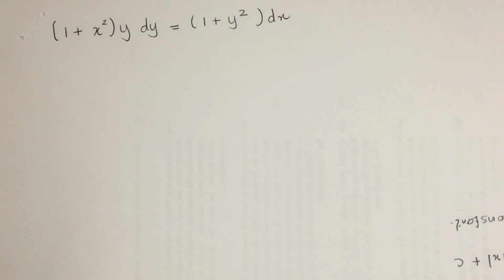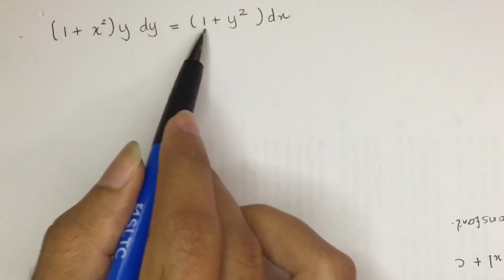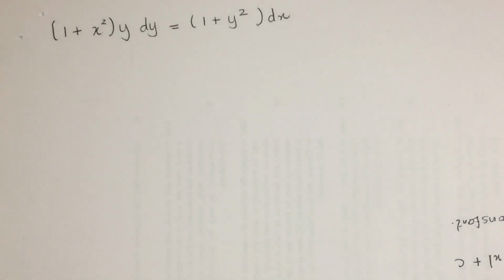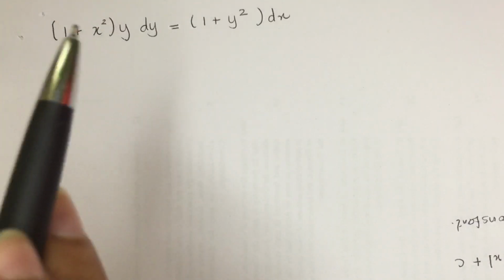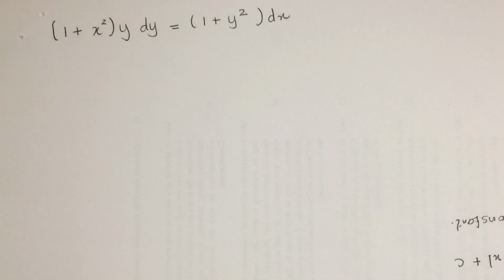But remember, you can put this constant on any side, it's your choice; whether it is on the right or left, it's not a problem. We need to bring the forms of x into one side and the forms of y into the other side. That's the first step. The second step is that we need to integrate, and after that we are going to get the solution.